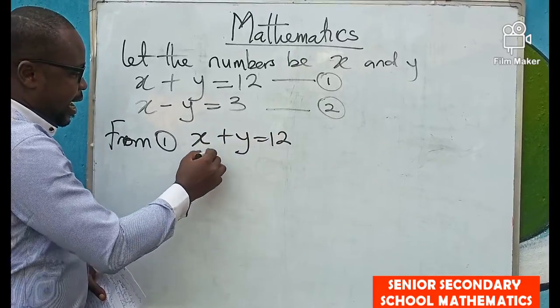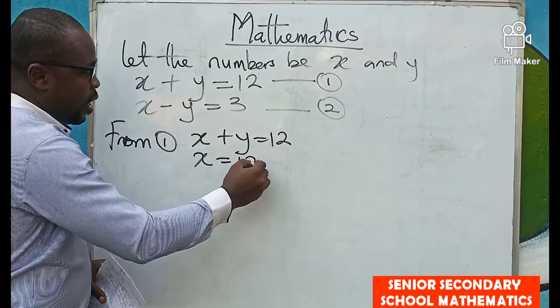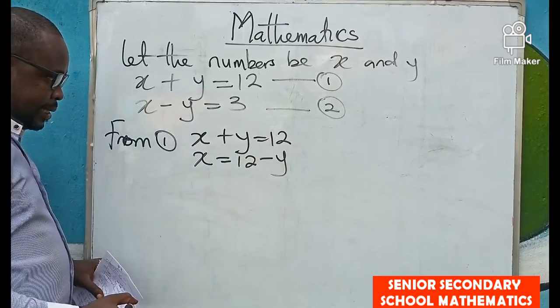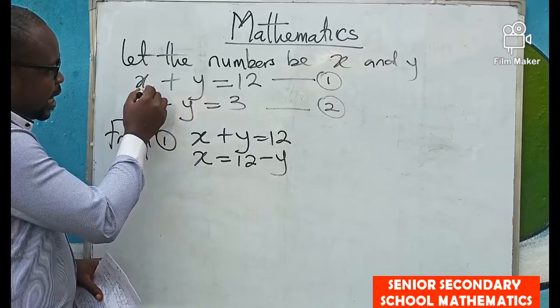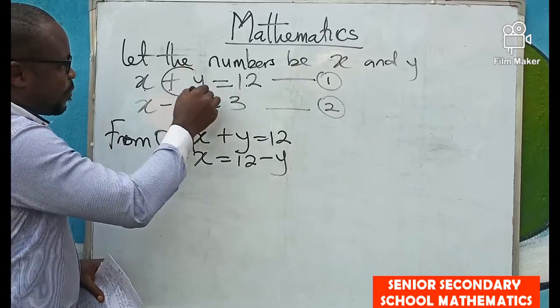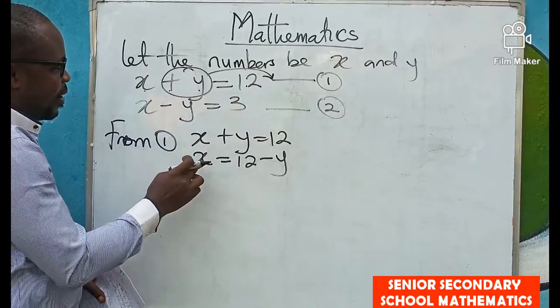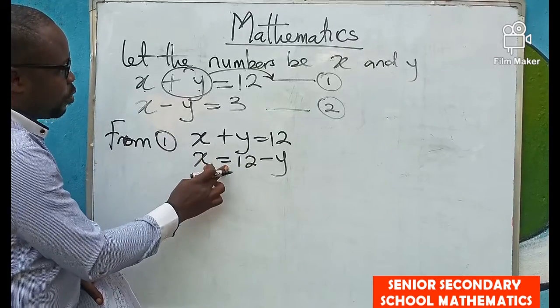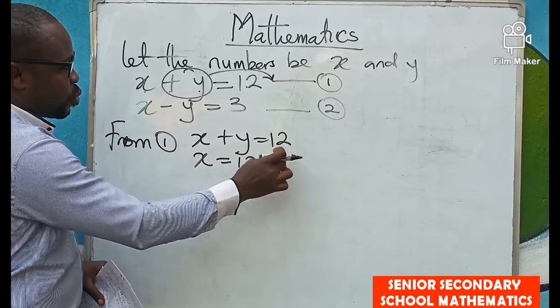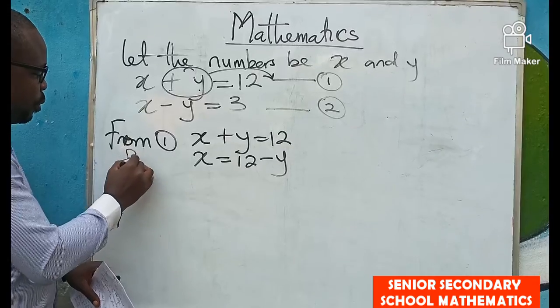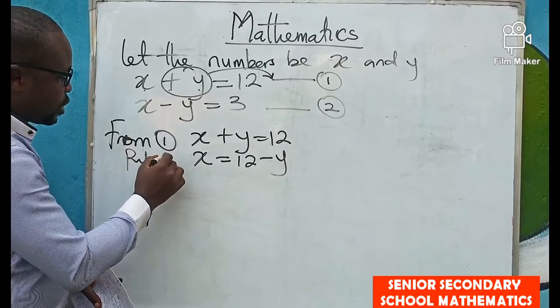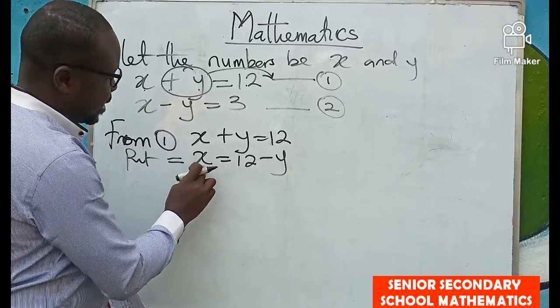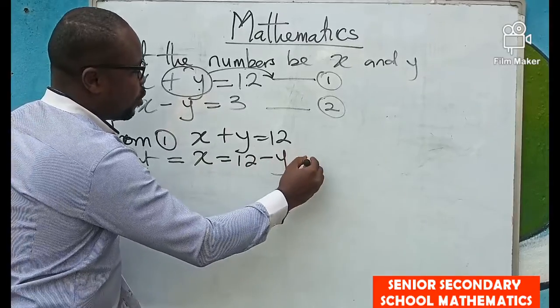So we can say x is equal to 12 minus y. Notice that I said x plus y is 12, so if I take this over to this side, I will have that x is equal to 12 minus y. Then I can put this, that x is equal to 12 minus y, in equation 2.